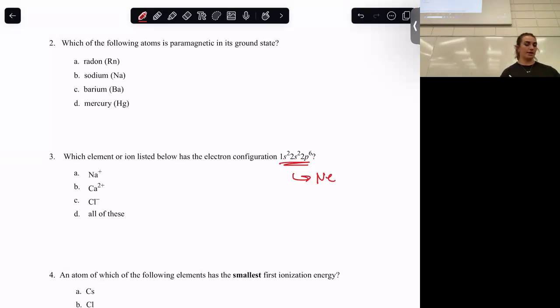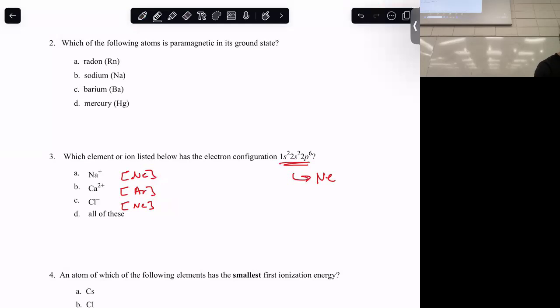Okay. If we were to write out the electron configurations for the ground state of sodium, it would be neon 3s1. Calcium is argon 4s2, and chlorine is neon 3s2 3p5.